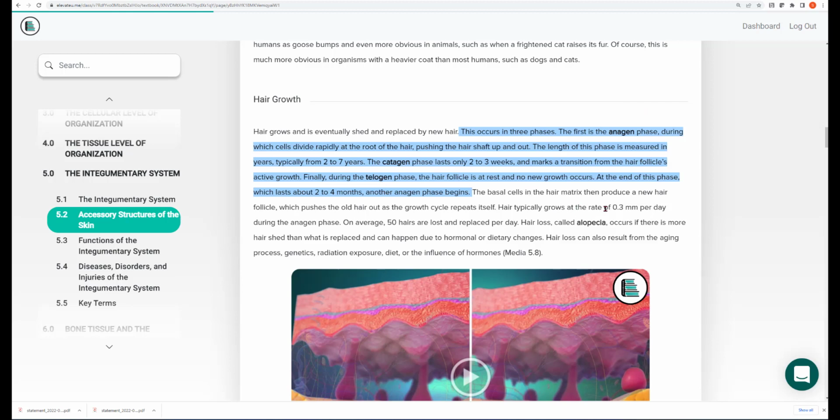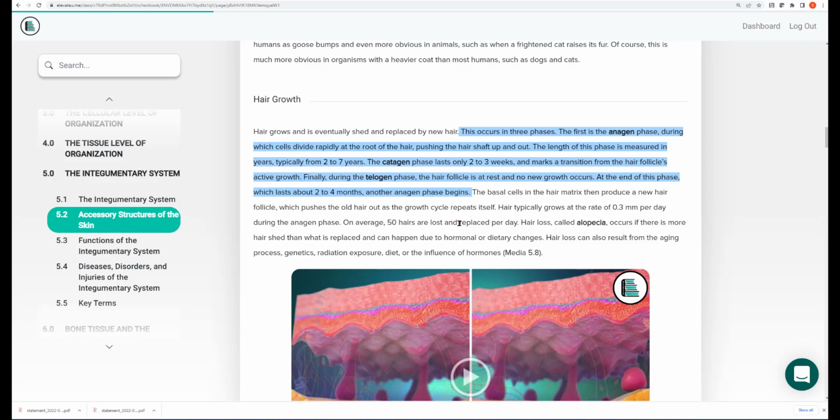Hair does grow, though, at about a rate of 0.3 millimeters per day. So we all know we have to go to the barber or the stylist every once in a while and get our hair cut. Hair is growing. And on average, we're losing about 50 hairs a day, and we're replacing those 50 hairs. So there's an equilibrium: we gain as much hair as we lose.